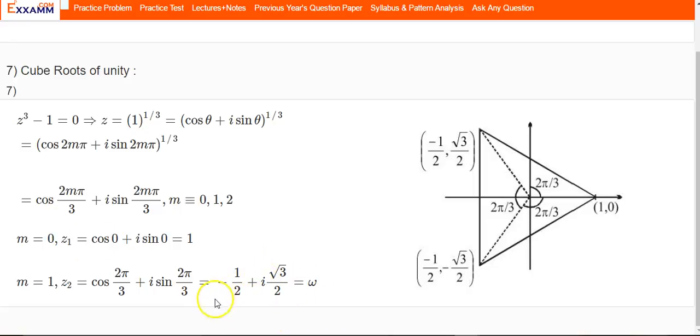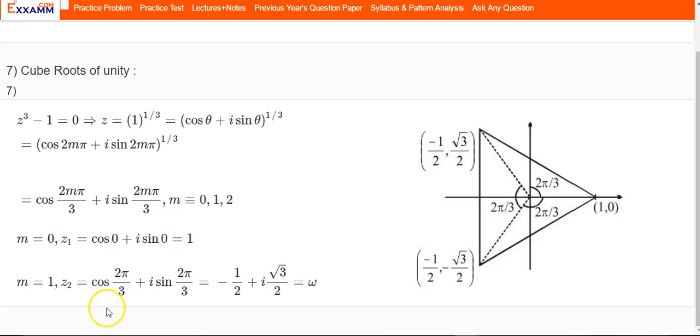Now we represent this number as omega. Now if this is one of the complex roots of the equation, then what would be the other root? Obviously it would be minus 1 by 2 minus i root 3 by 2. That would be the conjugate of this particular number, because we know that complex roots always occur in conjugate pairs.